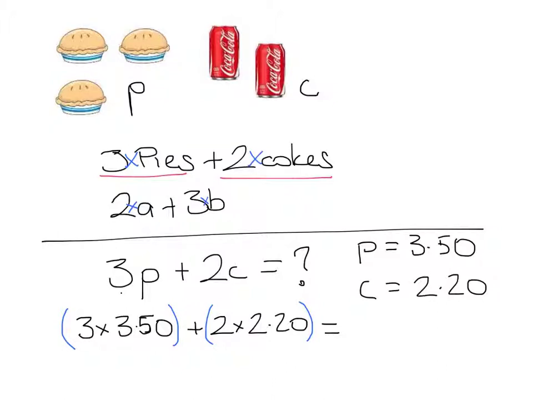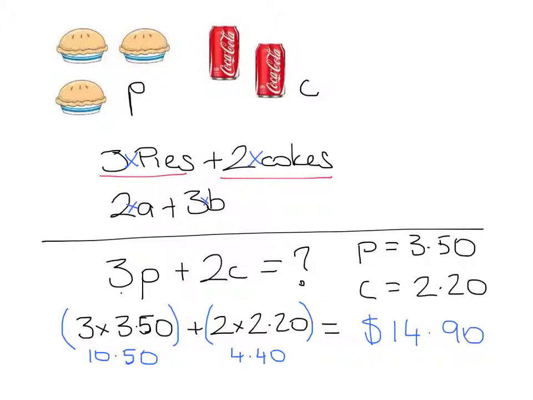So this is called BODMAS, where we do the brackets first. So 3 by 350 is $10.50 in pies. 2 by 220 or 2.2 is 4.40 or $4.40. If we add those together, we end up with a total of $14.90.